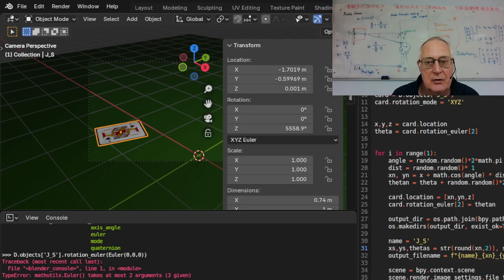And then I also want to replace the dots, because they sometimes cause problems in the file name.